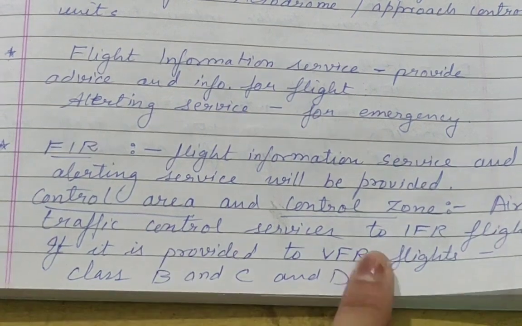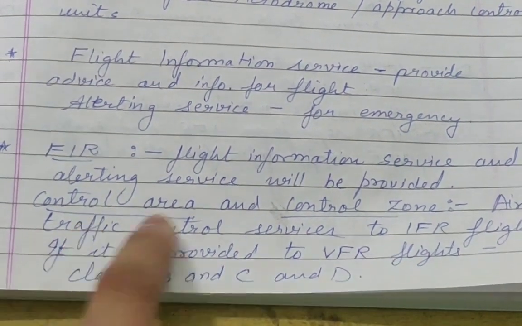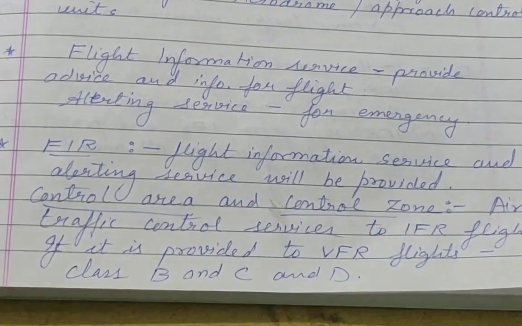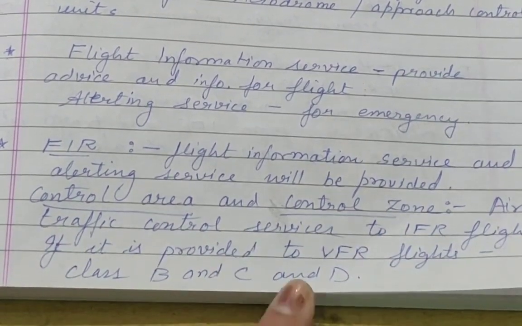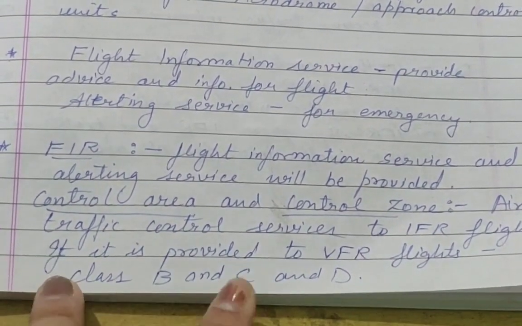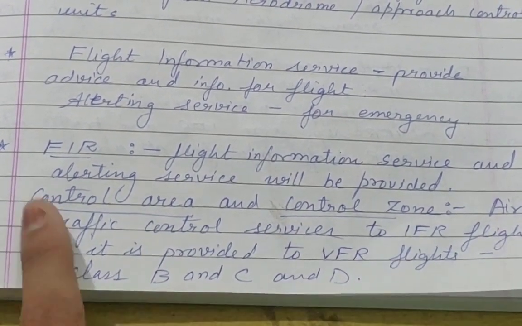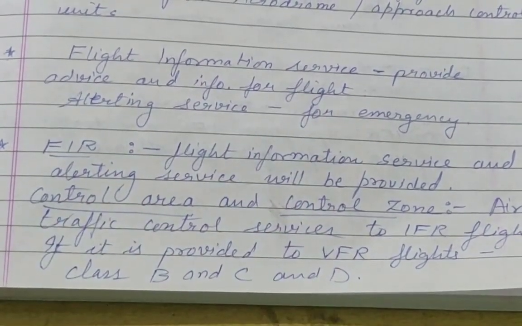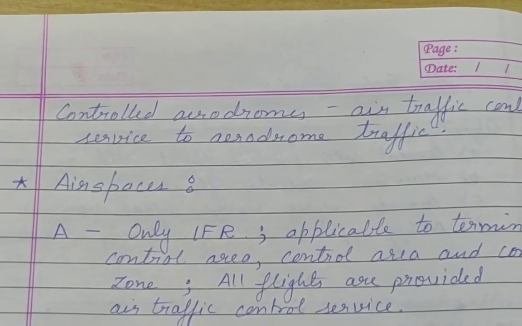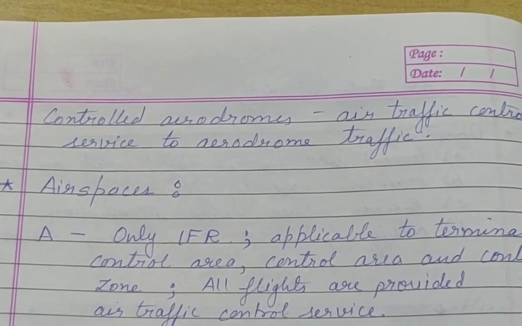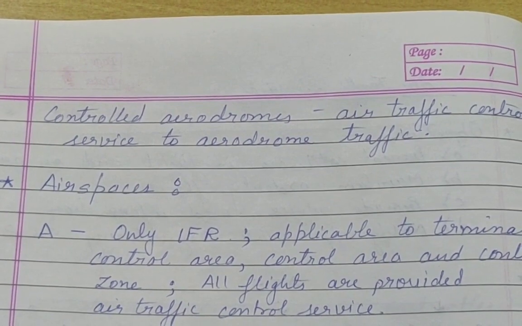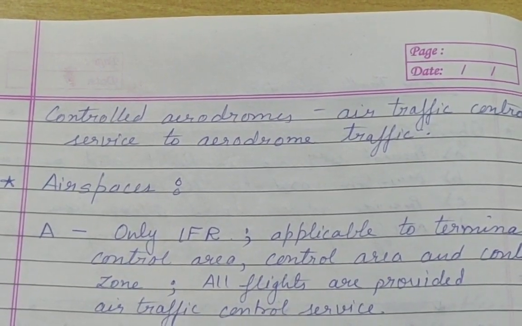For VFR flights to fly in the control area and control zones, that airspace is known as class B, C, or D. Only if it is class B, C, or D airspace can VFR flights fly in the control area and control zone. The controlled aerodrome is the one which provides air traffic control services to aerodrome traffic.